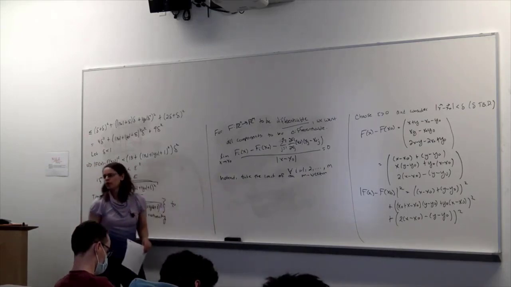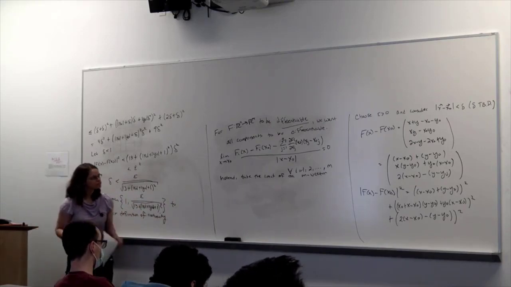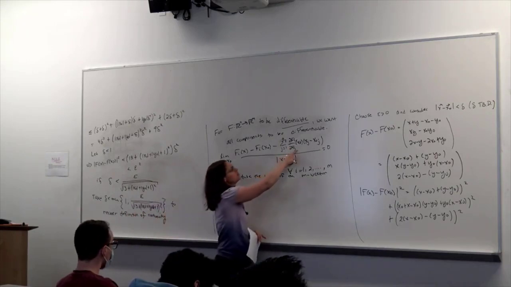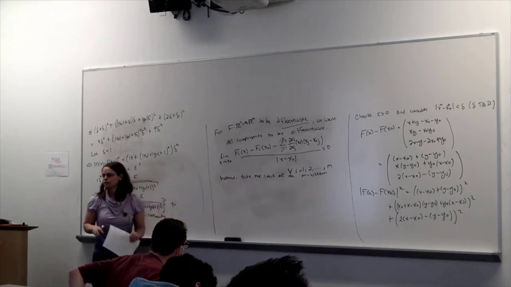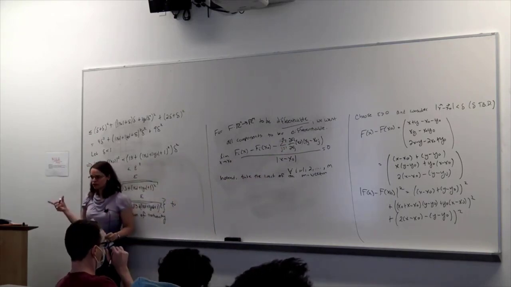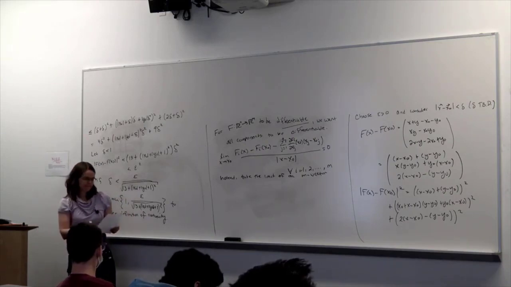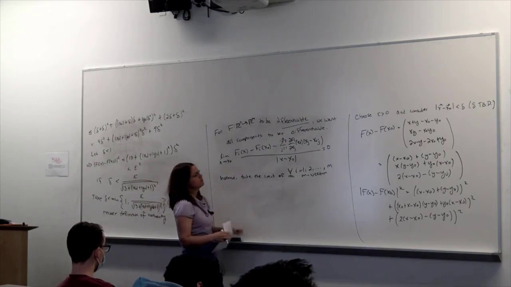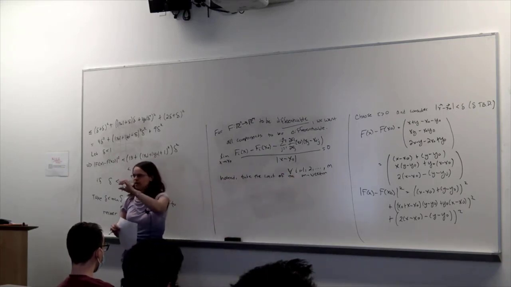We need some more compact notation to do this. So for each i, what do we have here? For each i, we have to take the partial derivatives with respect to all the different components. We're going to store those in a vector, and that's going to be called the gradient vector, the gradient of fi. Then we need to do that for i equals 1 through m, so we have all of these different gradient vectors.